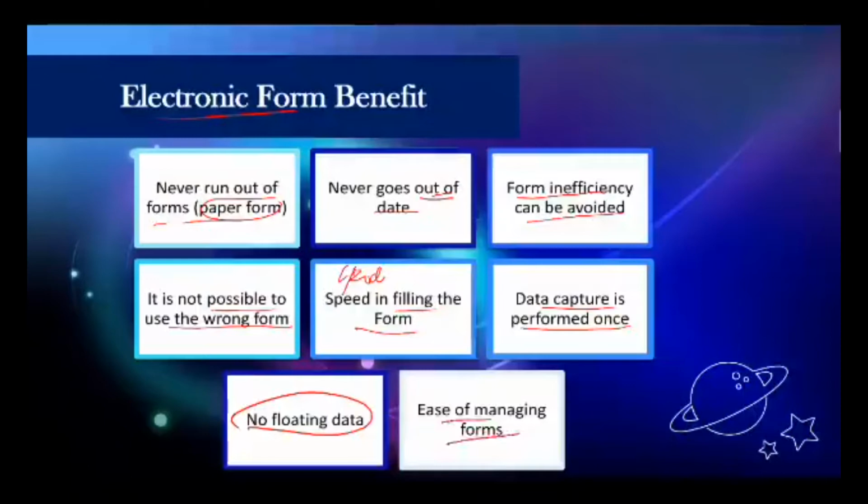But with electronic form, we just have one single place to file. When we use paper forms, we use a filing cabinet, but with electronic forms, we can file our data in one place.